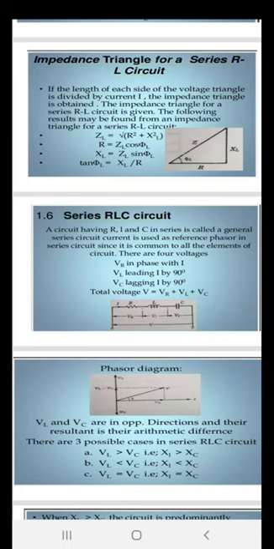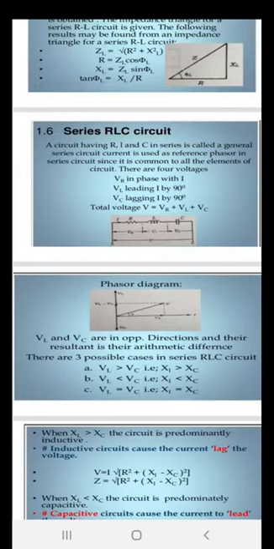Total voltage V is the phasor sum of VR, VL and VC. See the phasor diagram. VL and VC are in opposite directions, so the resultant is the arithmetic difference. Three cases are possible. First, VL is greater than VC; second, VL is less than VC; and third, VL is equal to VC.